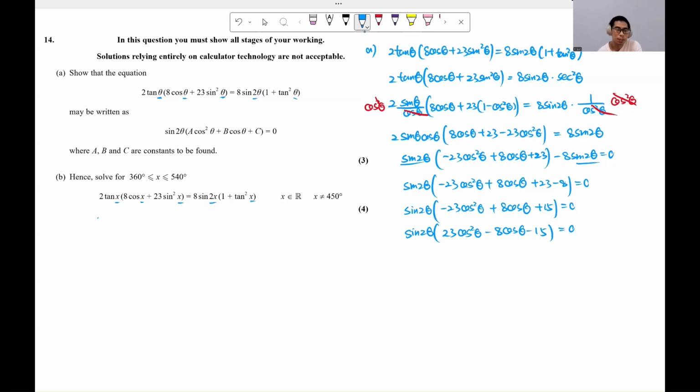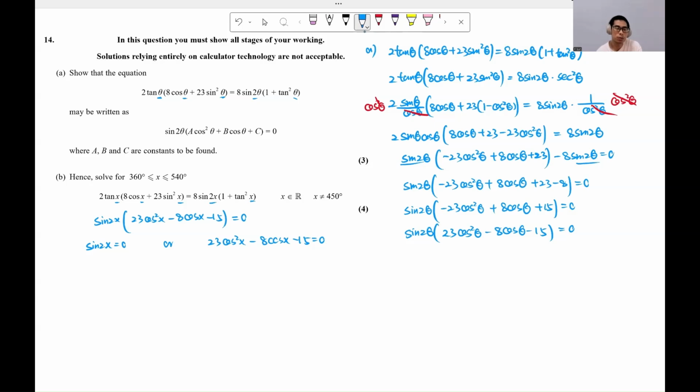That would be sin 2x times (23 cos square x minus 8 cos x minus 15) equal to 0. So sin 2x is equal to 0, or 23 cos square x minus 8 cos x minus 15 equal to 0.